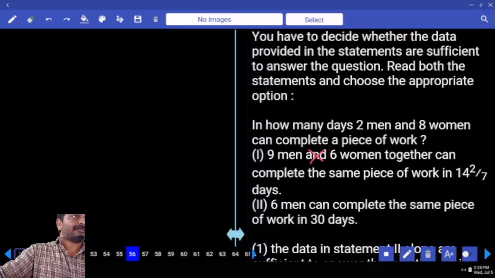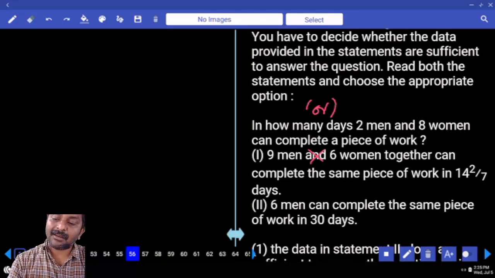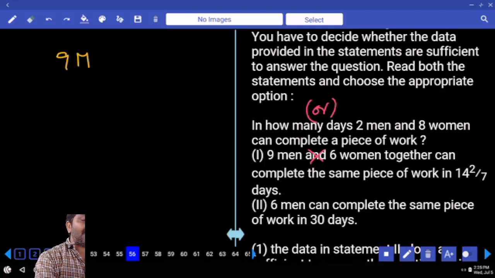Suppose in the first information, it said 9 men and 6 women. If the information is 9 men or 6 women, now tell me, only one alone is sufficient to answer the question. When you have an OR condition, 9 men's efficiency is equal to 6 women. Can we conclude this?